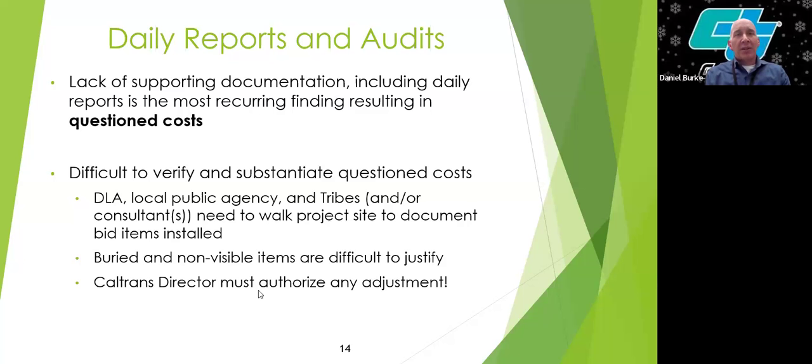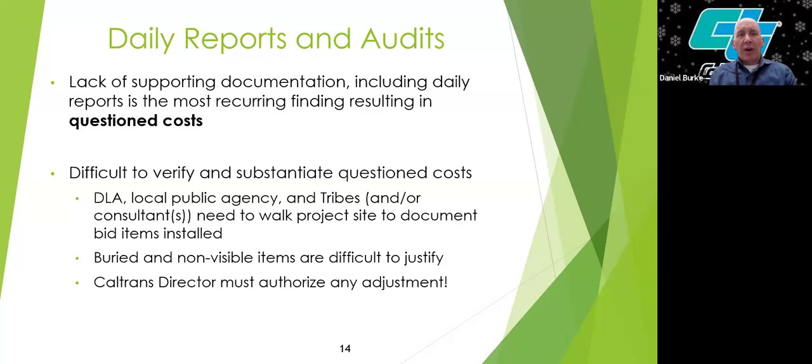So daily reports and audits. Occasionally we do have local public agencies who are audited. And one of the most frequent findings, in fact, it is the most frequent finding right now that we're seeing, is a lack of supporting documentation, which includes the daily reports. And oftentimes it will result in questioned costs.